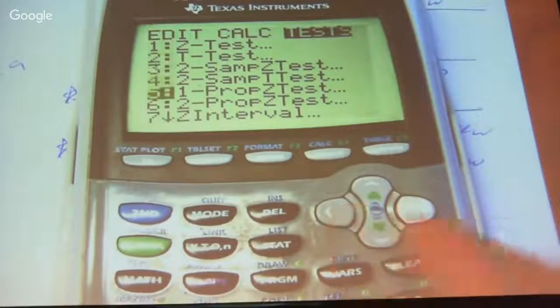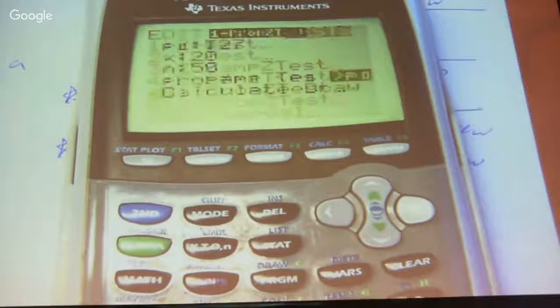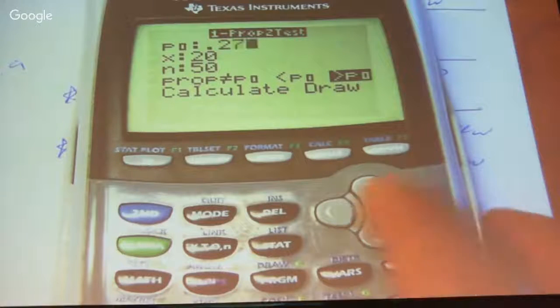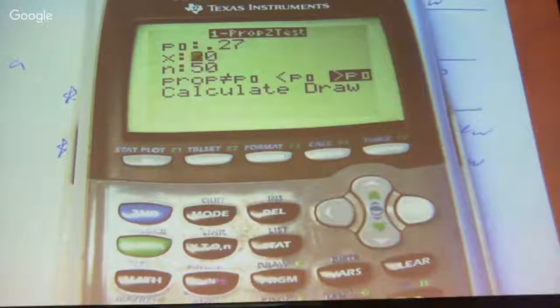Number 5, one proportion z-test. Now what does the calculator want? What's P? 0.27. Now, the percent is 40%. Does the calculator want the percent? No, fraction. What does the calculator want? The fraction. X is 20, N is 50.